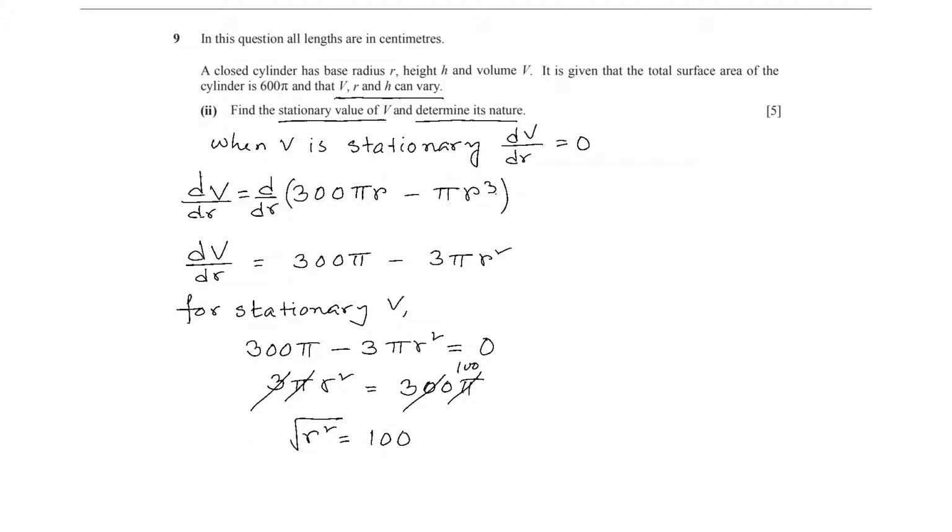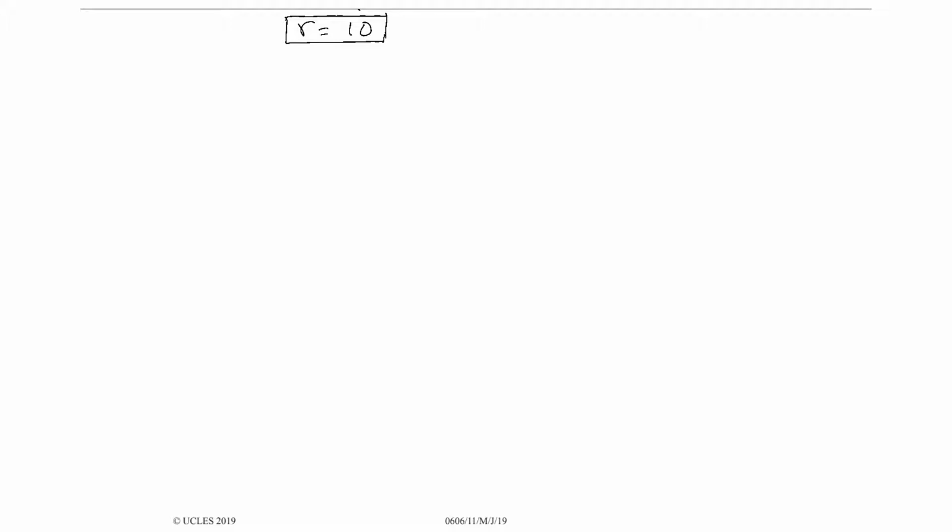Now let's square root both sides. So we can get r is equal to 10 centimeter. So we can say the volume will be stationary when the radius of this cylinder is 10 centimeter. So using r equals 10 centimeter, we can write V is equal to 300 times pi times 10 minus pi times 10 cubed.